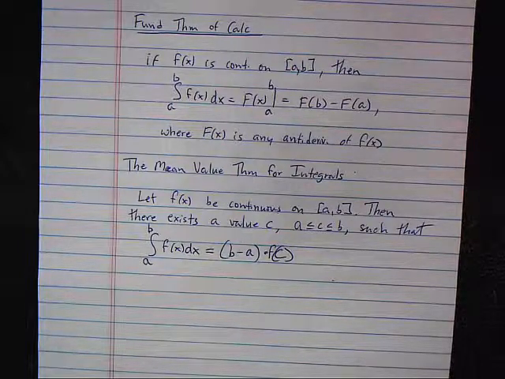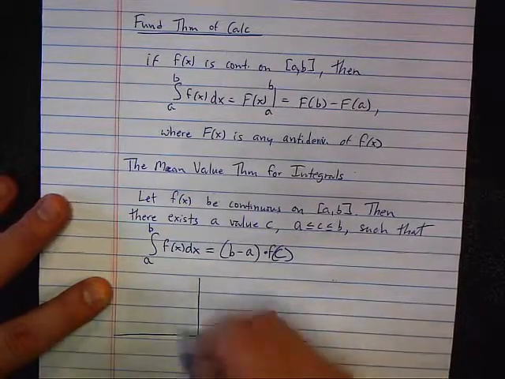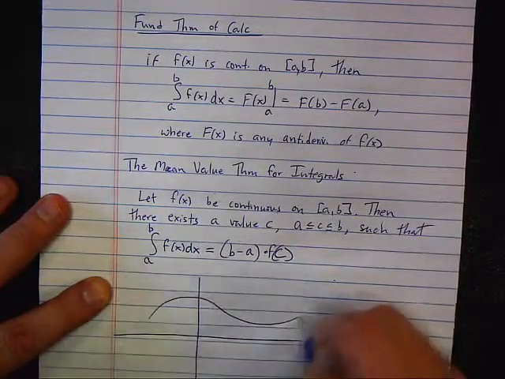What does that mean? The mean value theorem for derivatives said the slope of the tangent line has to equal the slope of the secant line. What's this theorem saying? All right. Again, it's easiest to draw a picture. So we've got some function. Looks like this.